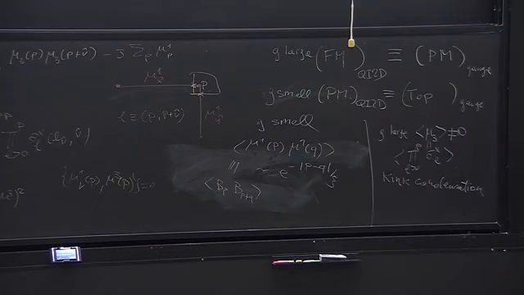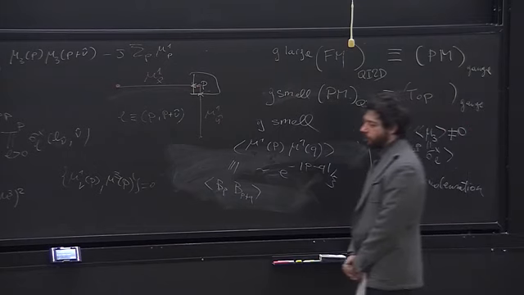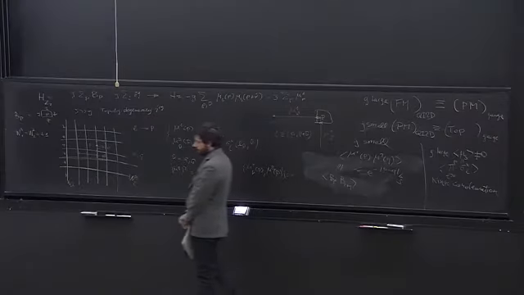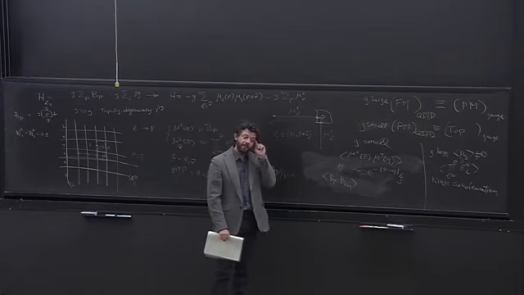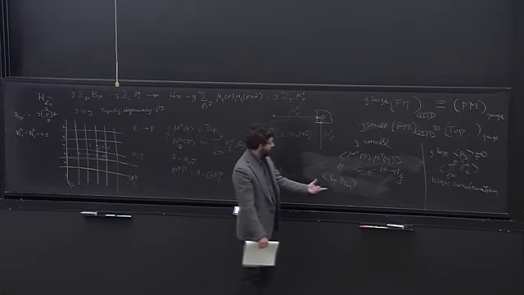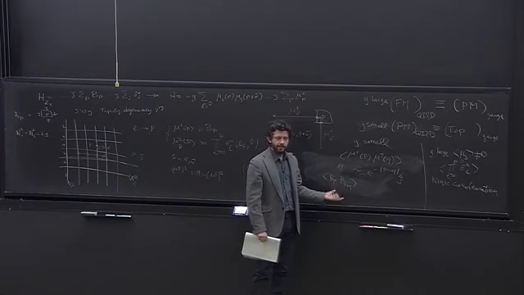So it would seem that we have realized what we were looking for: in this phase, we have a degenerate ground space with a gap, it's degenerate, and we have exponentially decaying correlation functions.